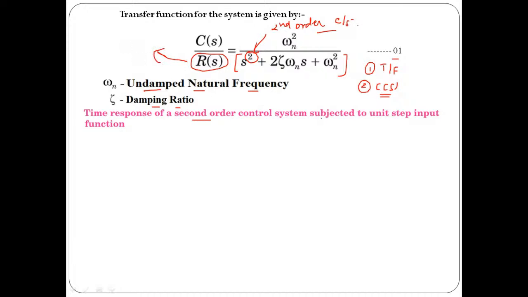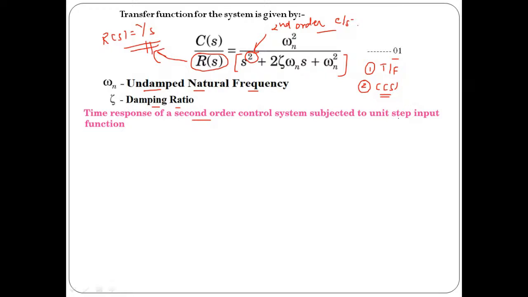R(s). Now here we have decided that the kind of input that we are going to take to check the response of system is R(s), which is going to be unit step. So in unit step, the value of R(s) is going to be 1 by s.